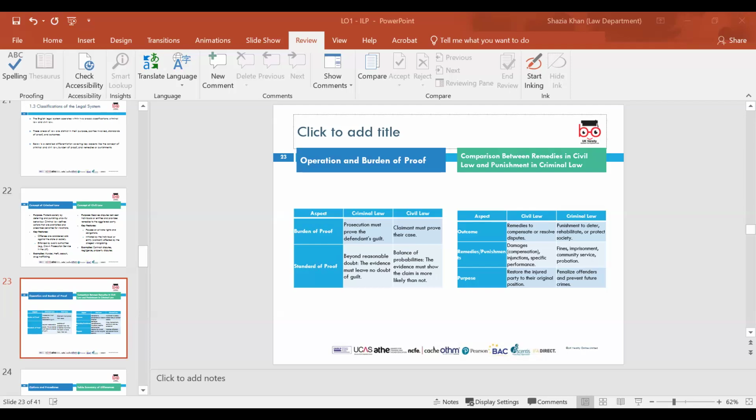And the comparison between remedies in civil law and in criminal law. So remedies in civil law are compensation or resolving the disputes or damages. They can be awarded some damages, and the purpose is to restore the injured party. So it could be like a personal injury claim or something.